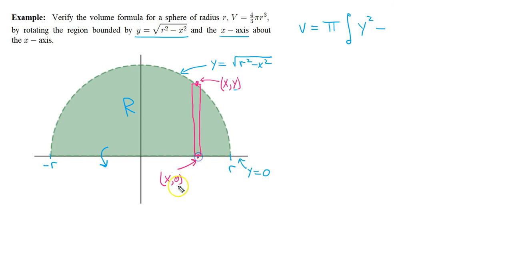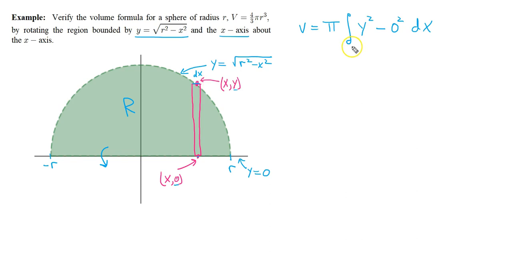Well, the inner radius is always 0, right? This is basically just the disk method here. We don't have an inner radius, so 0 squared, dx, right? We're integrating with respect to x because we're rotating around the x-axis, and also you can think that this washer here has a thin width to it, dx.